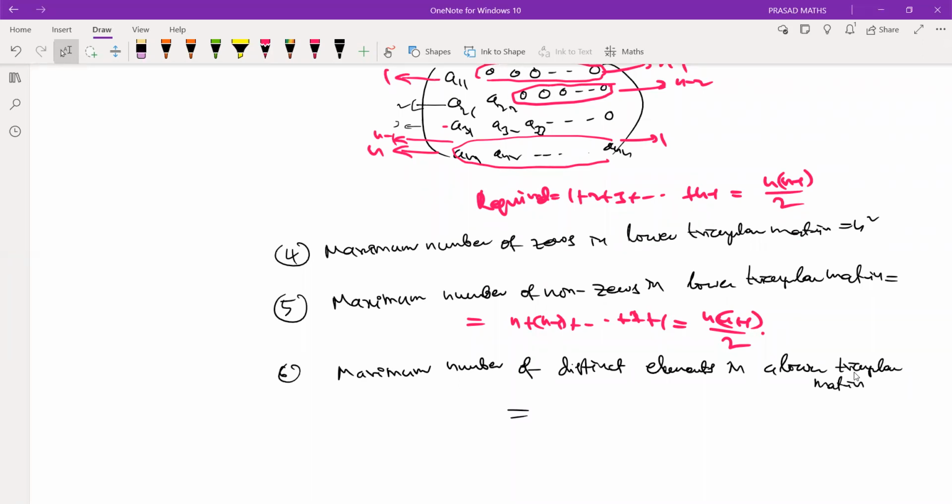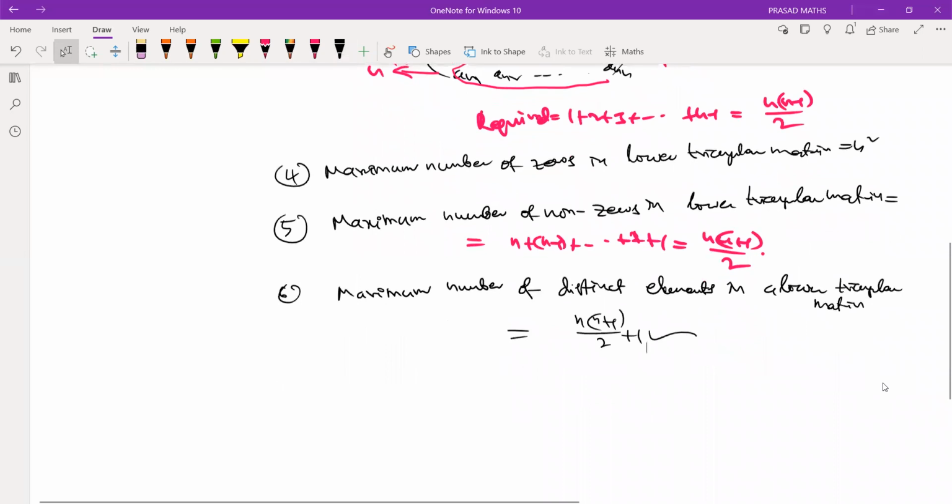Distinct means here 0 can be added. Yes or no? 0 can be added. So these entries could all be distinct, and 0 is also distinct, so you can add 1. Therefore, what is the required answer? n into n plus 1 by 2, plus 1.